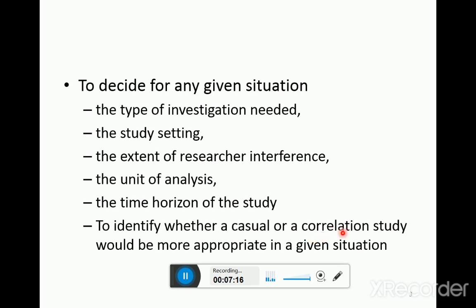A correlation study asks what the relationship is between the variables.